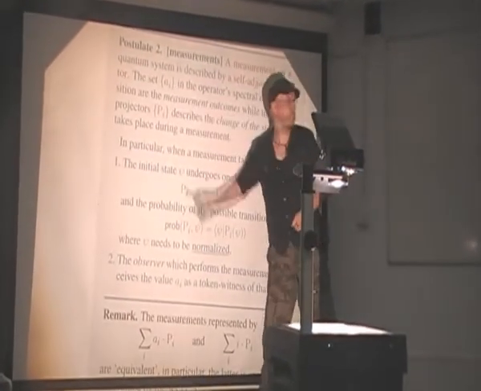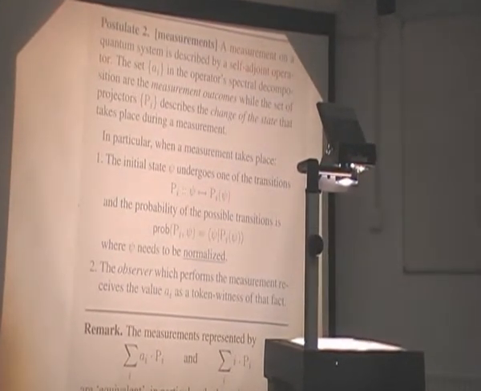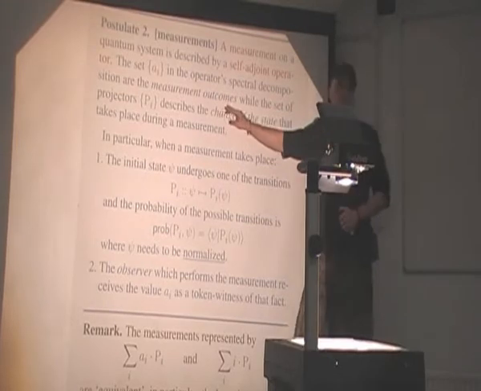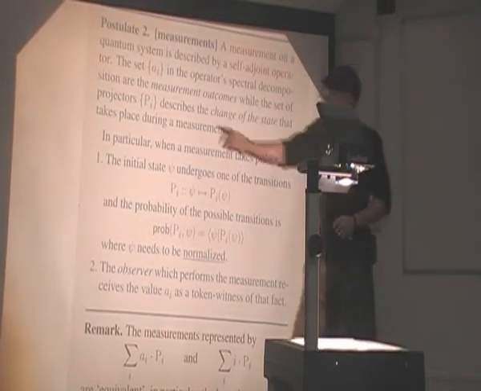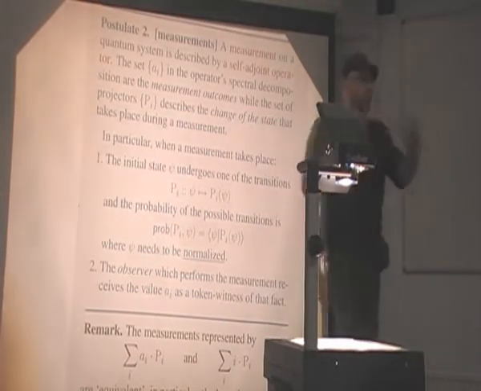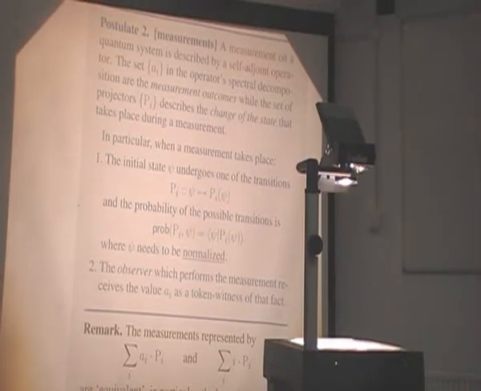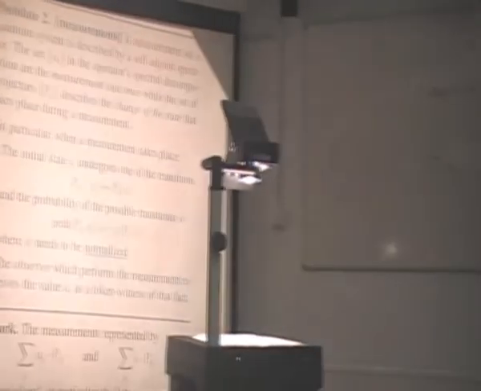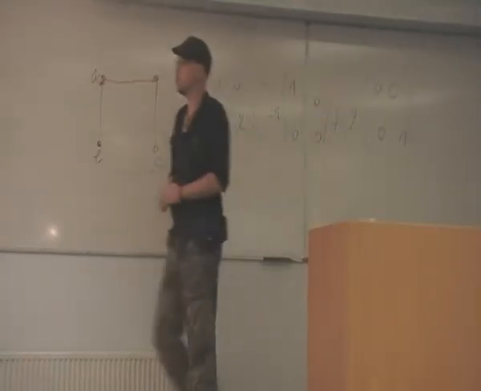We call these values 1 and 2 the measurement outcomes. And these projectors are the ones which describe how the state changes. I had this two-dimensional example before from the sphere. You remember I said that it either projects up or it projects down. It projects on this value or on this value. That's the way it works.